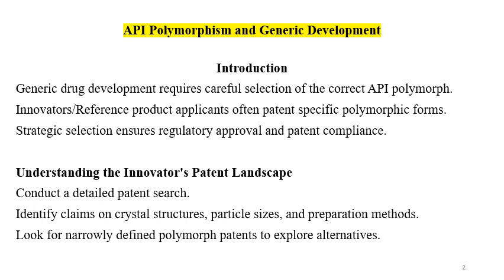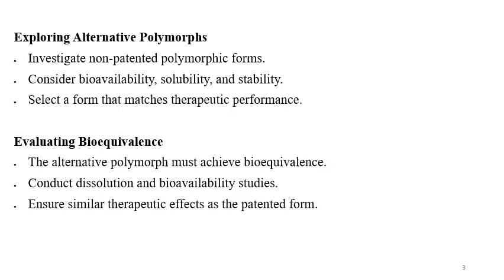Whether you can use other polymorphs or not is required to be evaluated. So, exploring alternative polymorphs: for this, investigate non-patented polymorphic forms. Consider these non-patented forms for bioavailability, solubility, and stability, and then select a crystalline or polymorph form that matches the therapeutic performance.